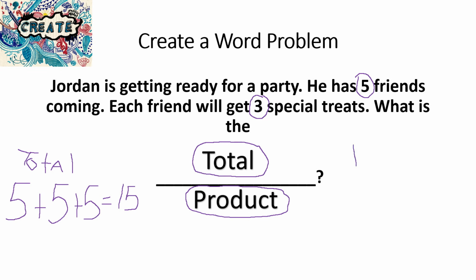Over here, I'm going to find the product. Five times 3 equals. 5 and 3 are my factors.